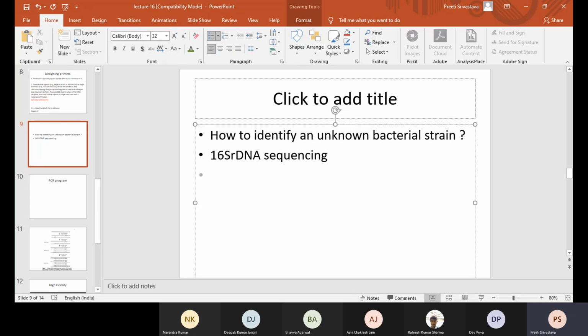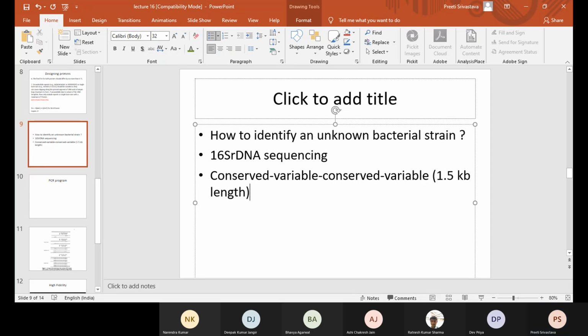The logic is that in the 16S ribosomal DNA, you have stretches of sequences which are conserved and then variable, right? And then you have continuous regions in between conserved and in between variable, and this whole sequence is about 1.5 kb in length.